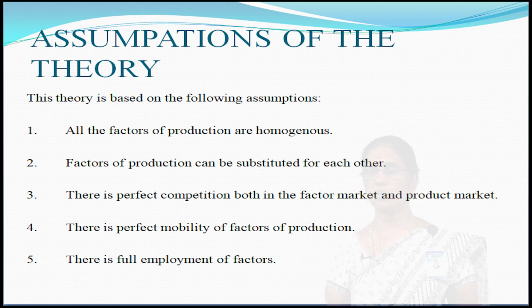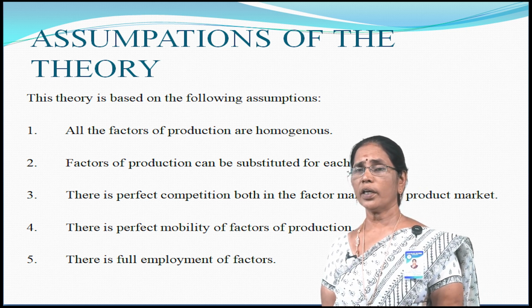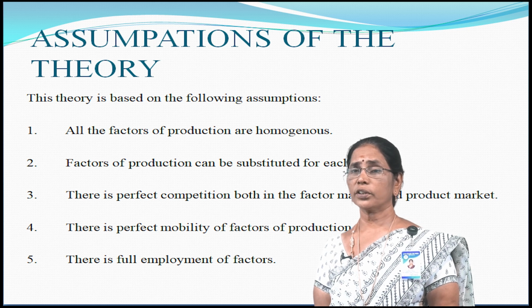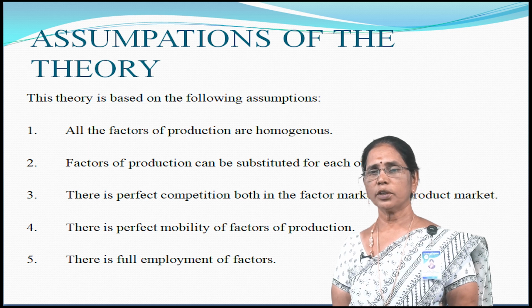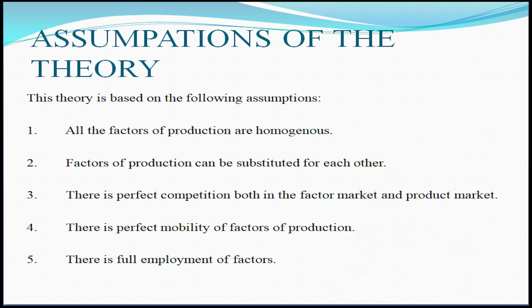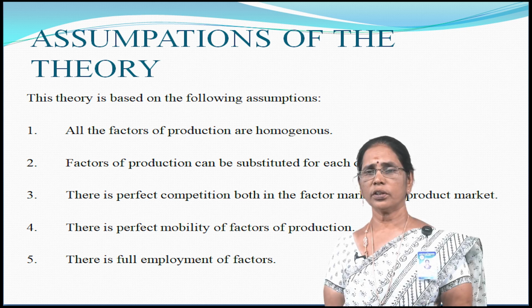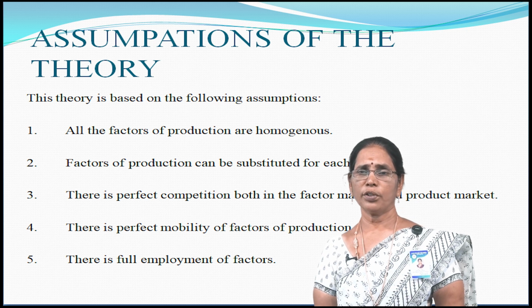Sometimes labor is substituted for capital, sometimes capital is substituted for labor. In that way, each and every factor of production can be substituted for each other. The third one is that there is perfect competition both in the factor market and in the product market. Here perfect competition means each and every firm is competitive in nature.